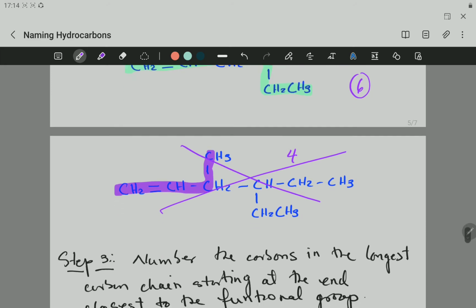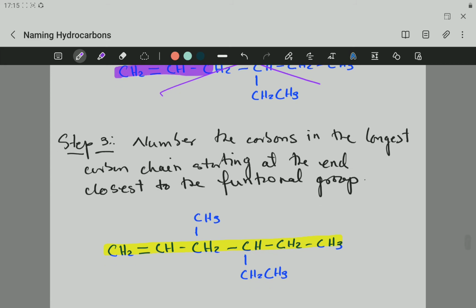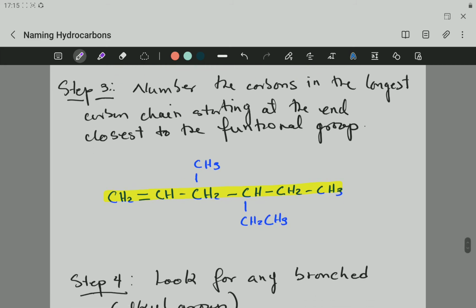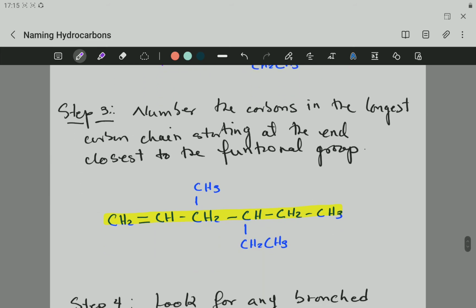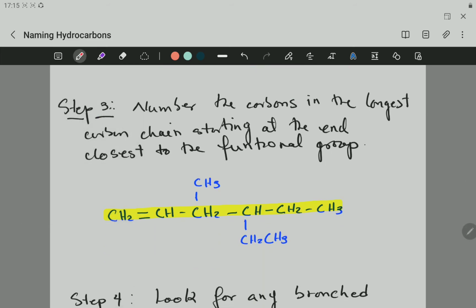Let's go to step number 3. Number the carbons in the longest carbon chain starting at the end closest to the functional group. So this is what we have. We number the carbons starting from the end closest to the functional group.